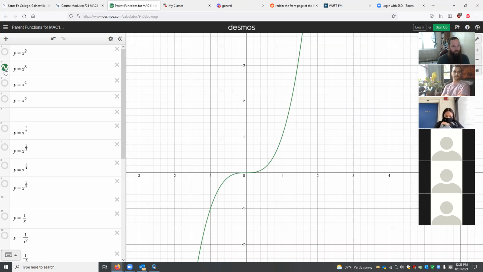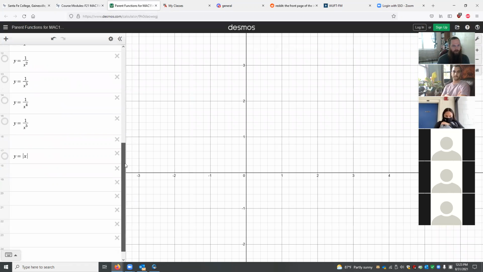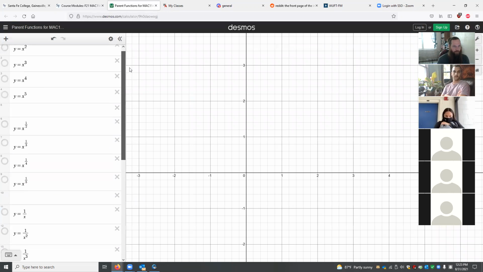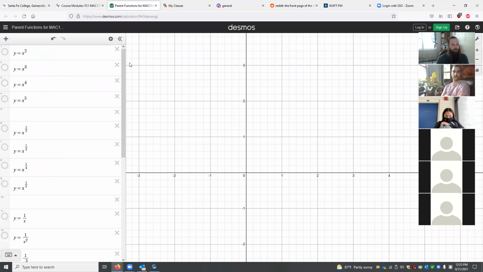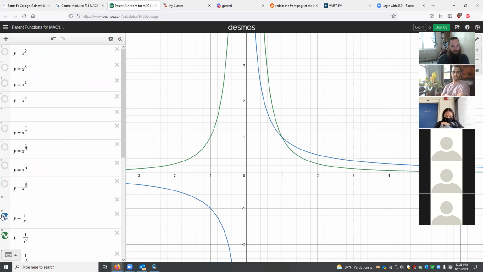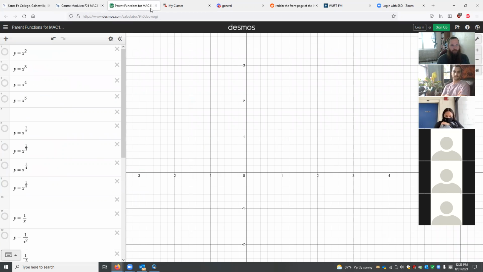Or if you forget what the graph of the cube root of x, x to the 1/3, looks like, here's that. So you can use this Desmos resource as much as you want. Please do try to get these graphs in your head nice and clear. These are all basic graphs that we're going to use to build more complicated things in the future. You need to know what 1 over x squared looks like, or what 1 over x looks like. It's all right there. Okay, that's it from me.